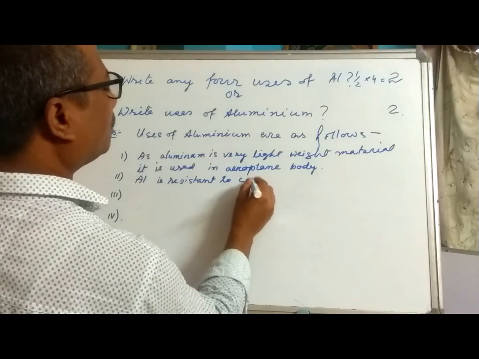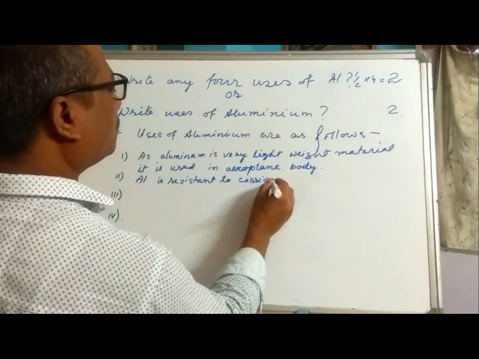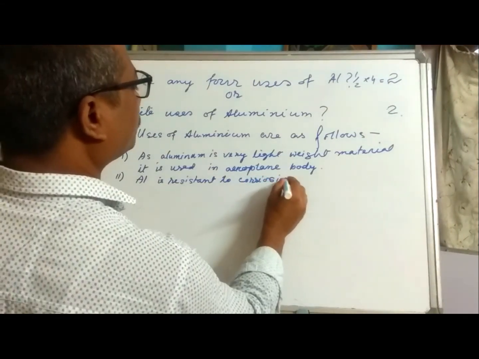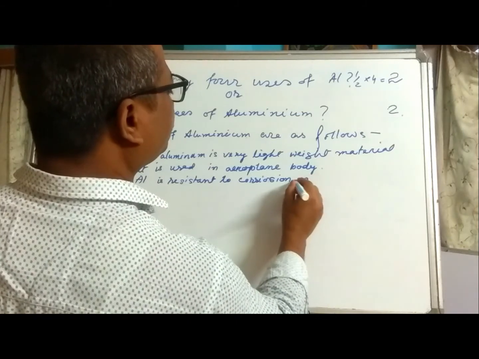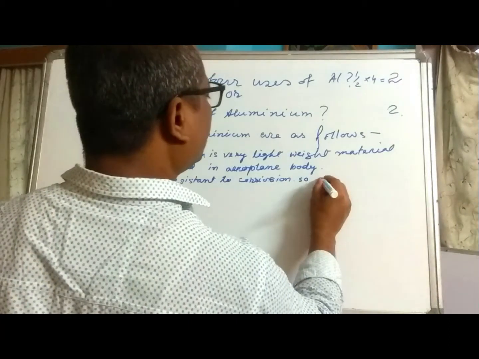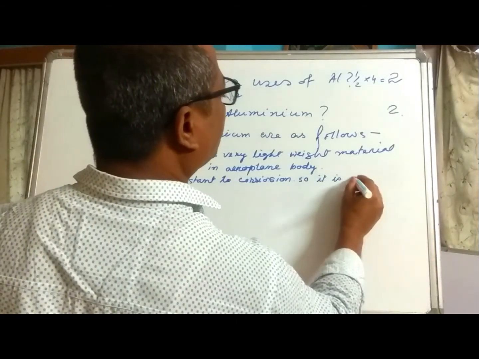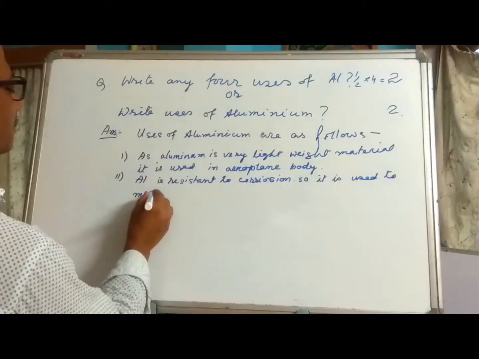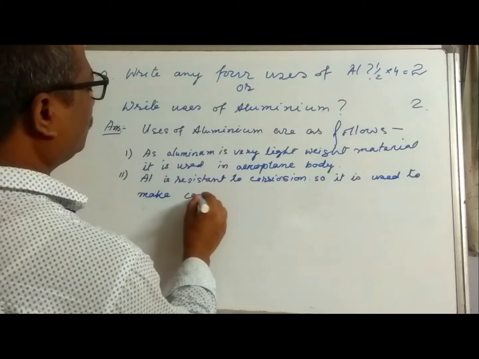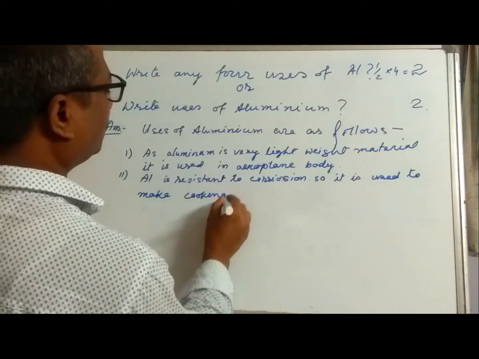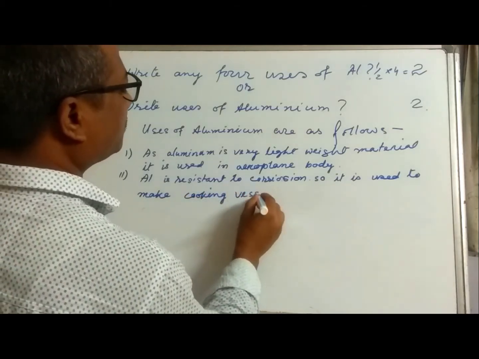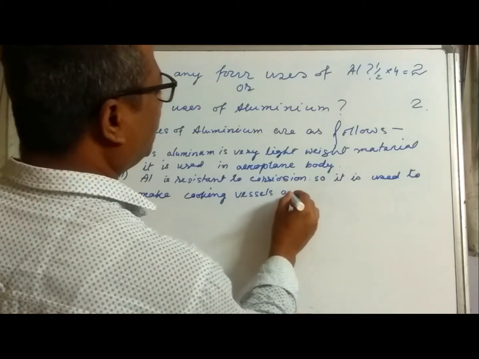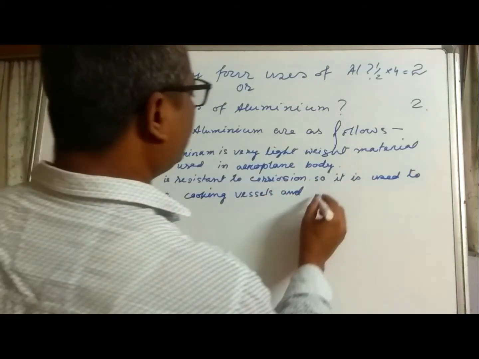Number 2, aluminium is resistant to corrosion. So it is used to make cooking vessels and household fittings.